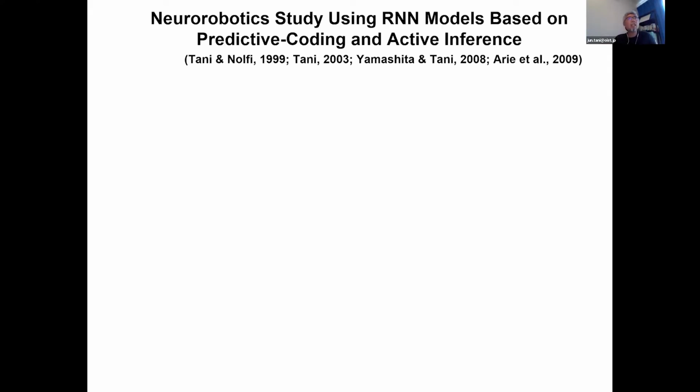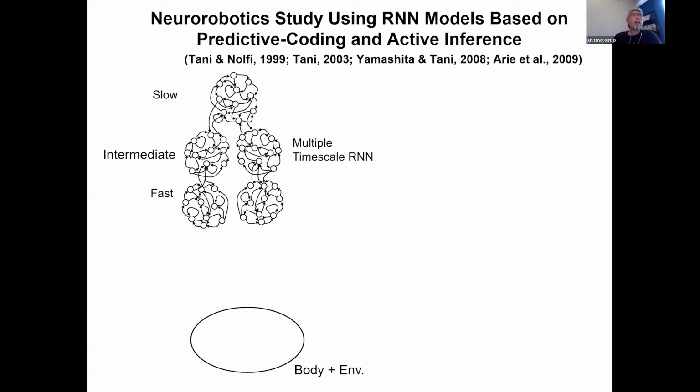Now I'm going to show you an illustrated picture of how it looks. I have worked on this for a relatively long time. We have worked on a hierarchical recurrent neural network, where the higher level is maybe prefrontal-like, operating much more slowly, and the sensory peripheral part is much faster.